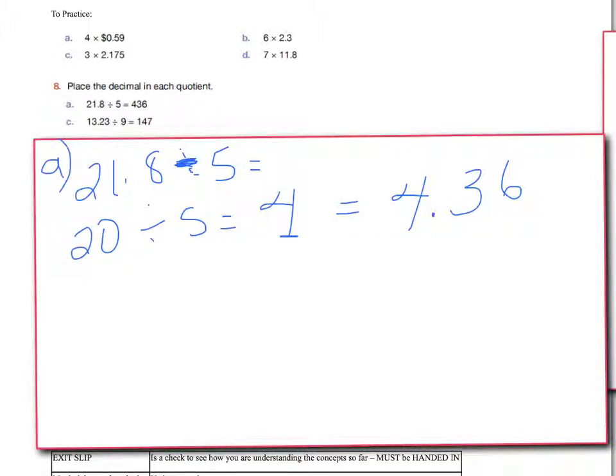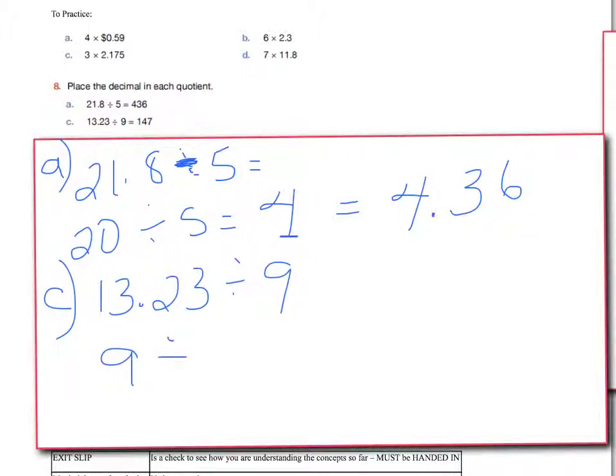That was for A. Now for C, we have 13.23 divided by 9. Well, 13, so let's check. 9 times 2 is 18, that's pretty big. 9 times 1 is 9. Well, I'm going to go with 9 because that's closer.